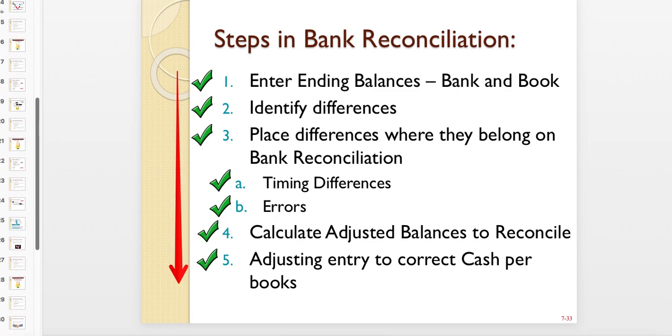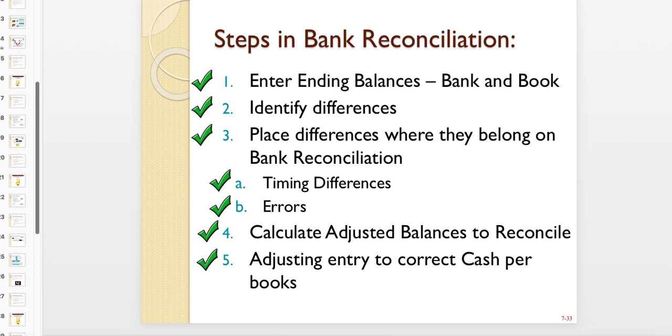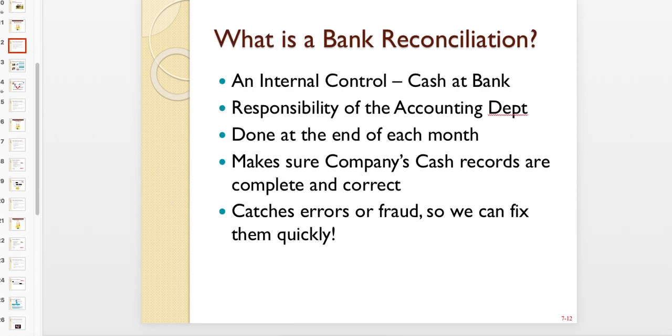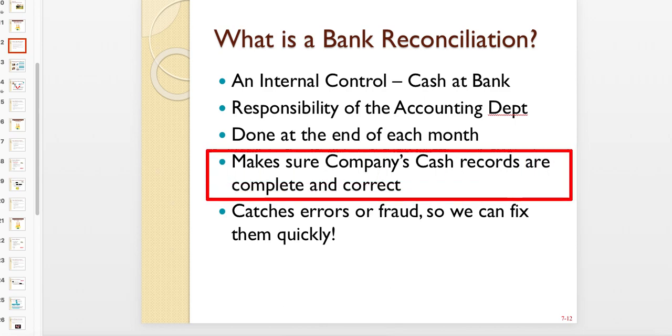Because as you will recall, that is one of the primary purposes of the bank reconciliation, is to make sure that our cash records are complete and correct. So if anything's missing, we want to make sure that we account for it. If anything is incorrect, we want to make sure that we correct that as well.